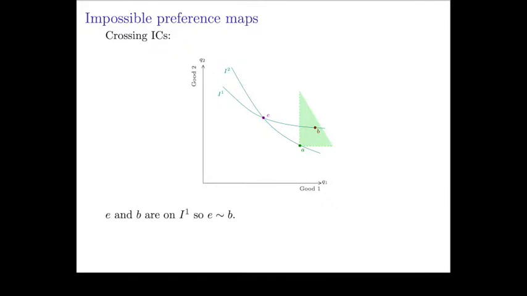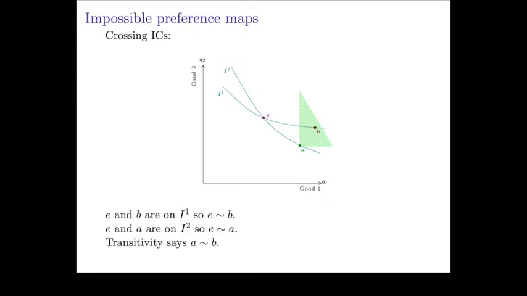Now, E and B are on the same indifference curve, I1. So by definition of an indifference curve, the consumer is indifferent between E and B. Second, E and A are on the same indifference curve, I2. So by definition of indifference curve I2, E and A are indifferent.